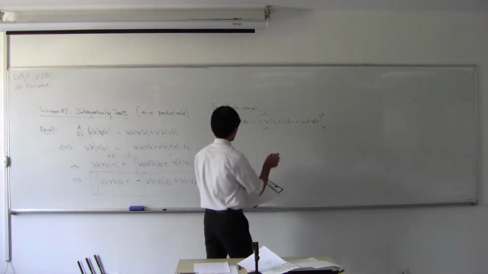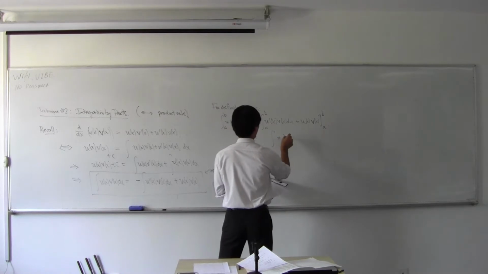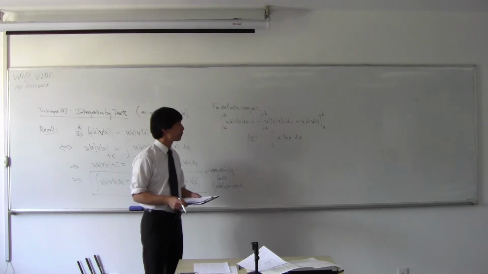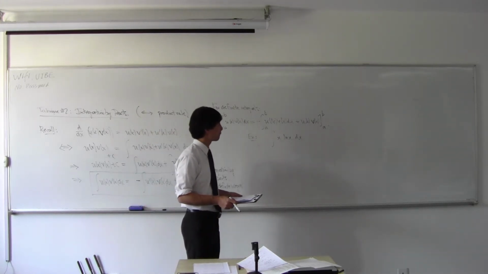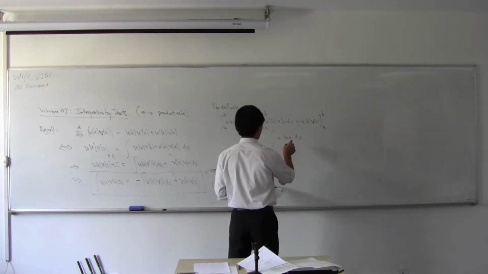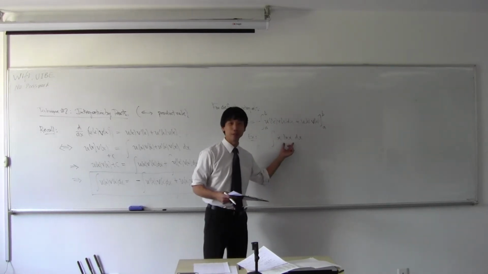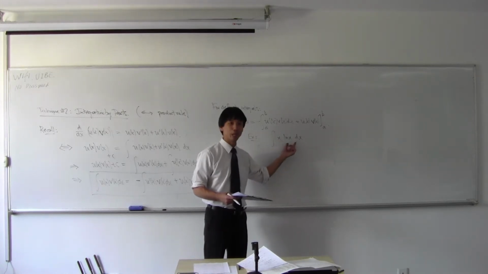Let's do this one. So for example, the integral of x natural log x dx. Who would you like to choose as your u, and who would you like to choose as your v prime?